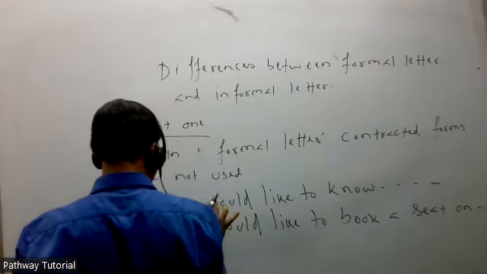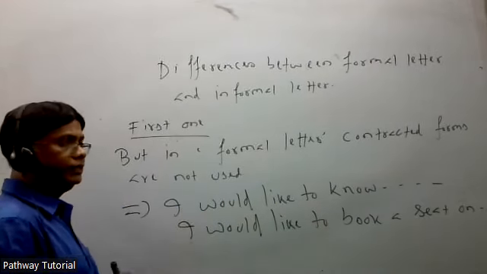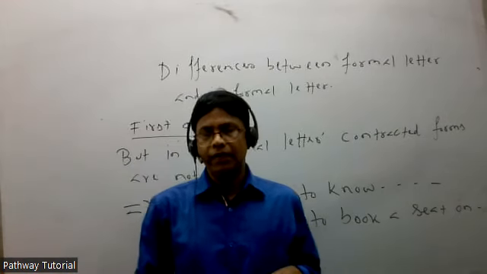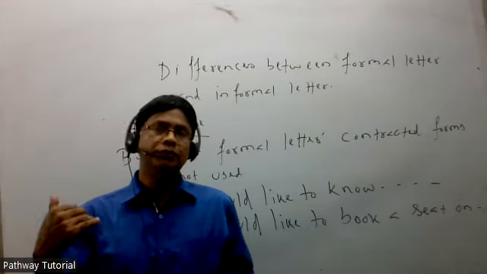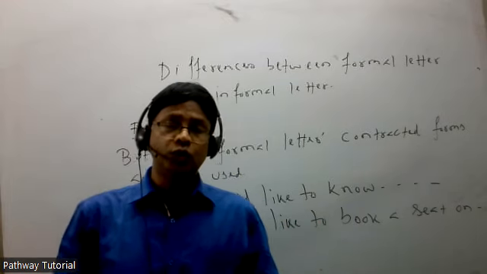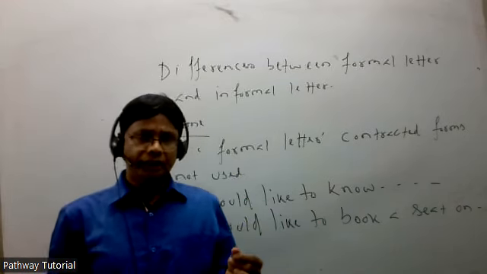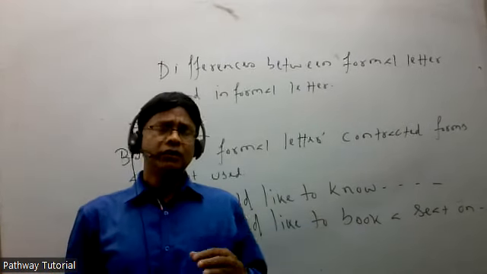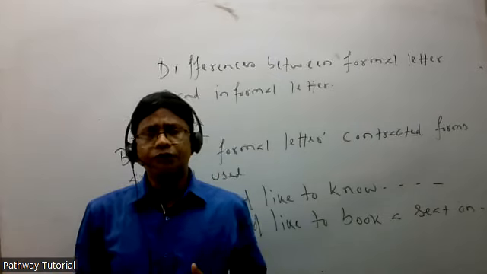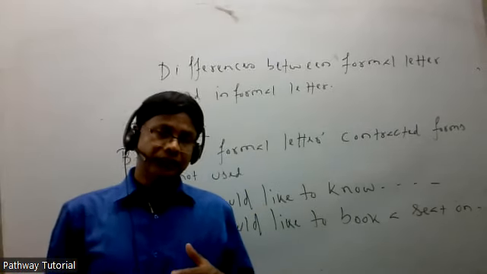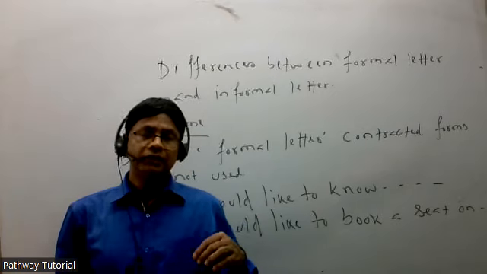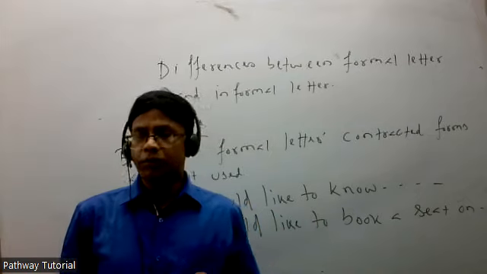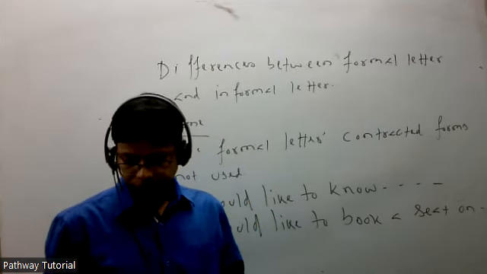So this way, we will have to write whole forms in the case of formal letters. But in informal letters, when we are writing to our friends, our parents, or known persons, we can use contracted forms. But when we write letters to superiors or in any office or organization, this is a formal letter, and this should not be in contracted form. I think you have got the point of what I mean.